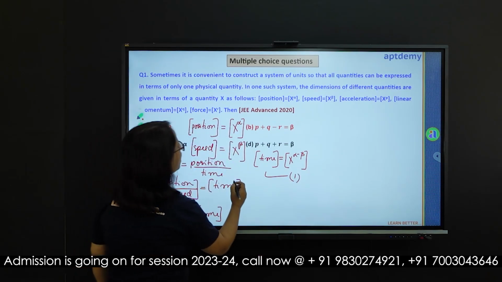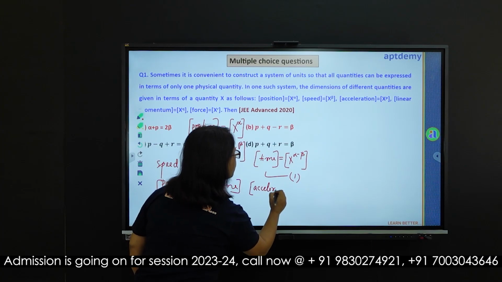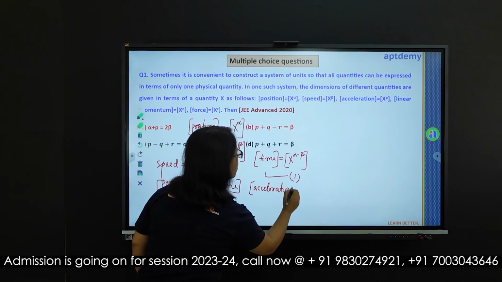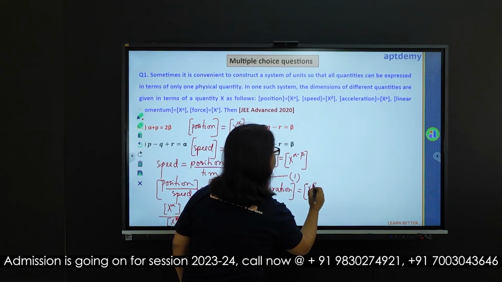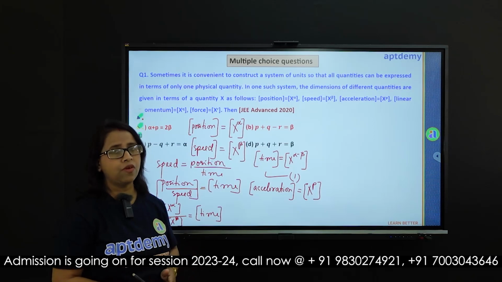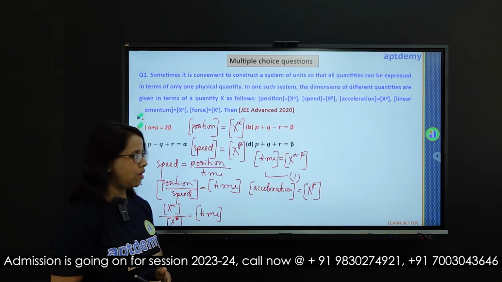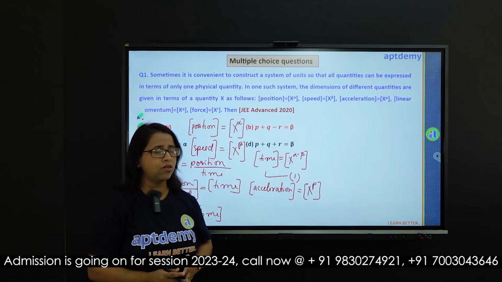Now, looking at the next few quantities that we have in hand, we have acceleration given as x to the power p. Now note, acceleration is nothing but change in velocity over the time taken. Velocity and speed are equal in magnitudes.